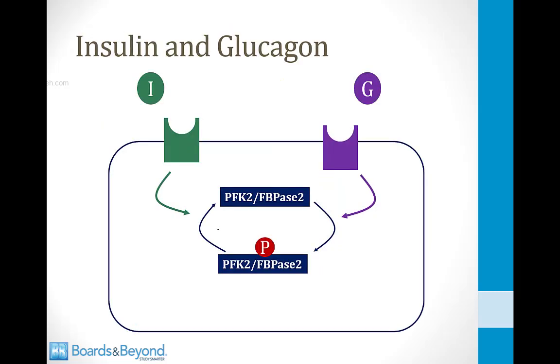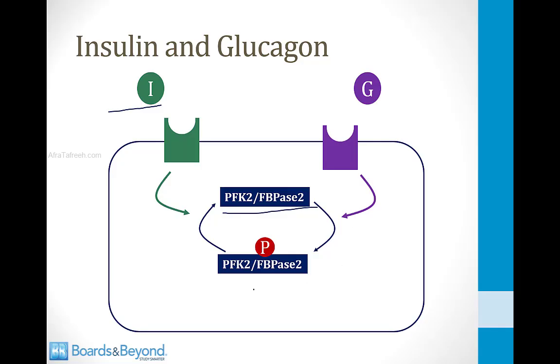The way that insulin and glucagon regulate glycolysis is by phosphorylating or dephosphorylating the two enzymes phosphofructokinase 2 and fructose bisphosphatase 2. These two enzymes working together determine the level of fructose 2,6-bisphosphate inside of cells. So insulin likes to drive these two enzymes to be in the dephosphorylated state because that favors glycolysis.